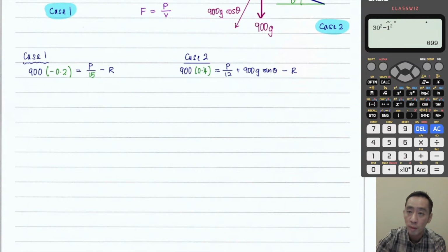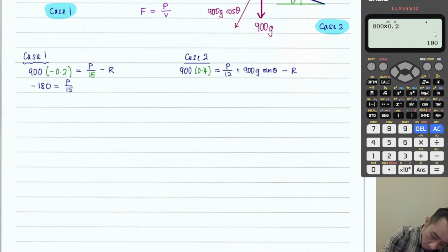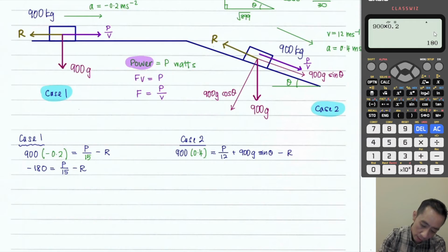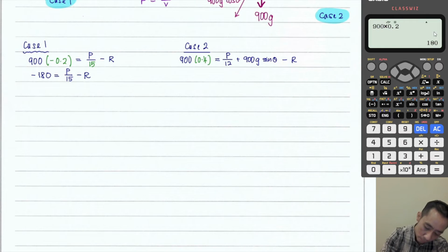So I just simplify the numbers and form two equations here. For the first equation, we have 900 times 0.2, so here I have 180. So negative 180 equals to P over 15 minus R. If I want to find R, I just make P the subject.